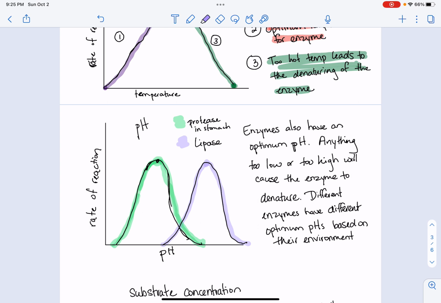So lipase is going to have an optimum pH that is a lot more basic.